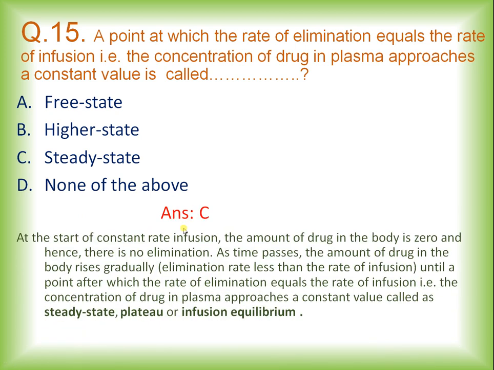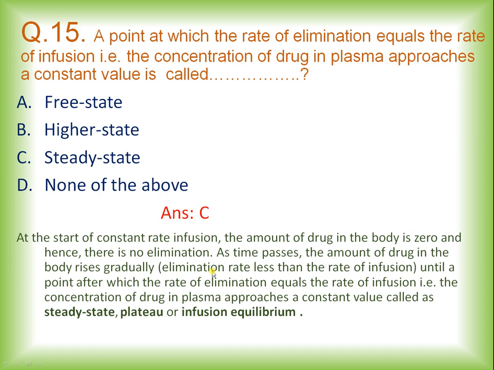So steady state is a point at which the concentration of drug in plasma approaches a constant value. At the start of a constant rate infusion, the amount of drug in the body is zero, and hence there is no elimination. But as time passes, the amount of drug in the body rises gradually.